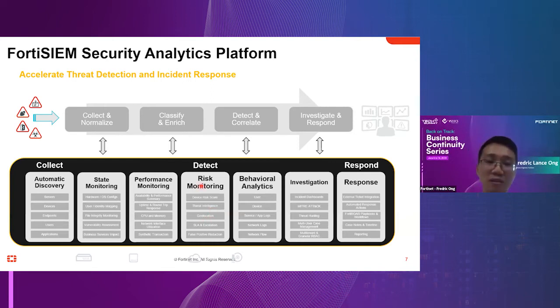We can also monitor by geolocation, where the device is coming from, the IP addresses it is connecting to and from. The FortiSIEM also has a built-in escalation ticket and can integrate with external ticketing systems. If you have that kind of process in your NOC SOC, you can do that.